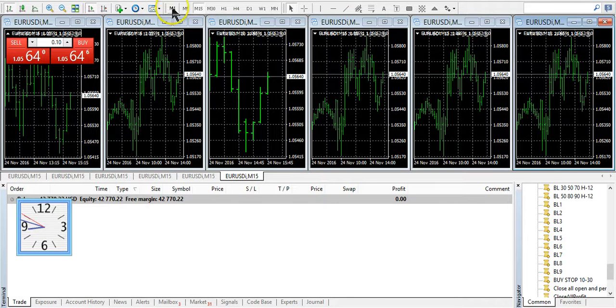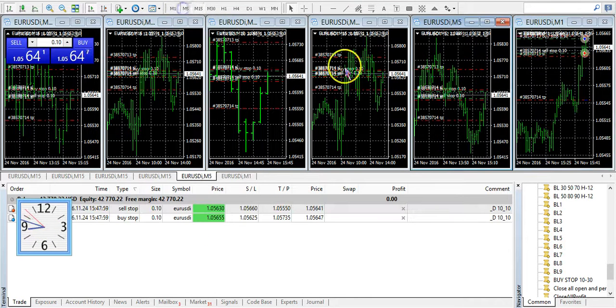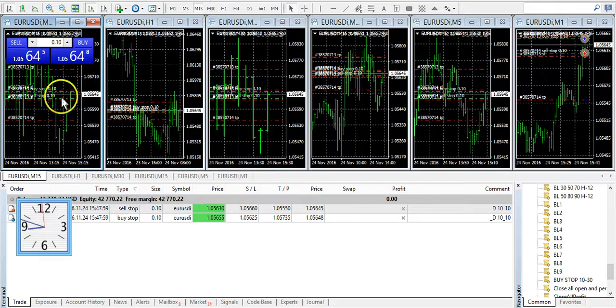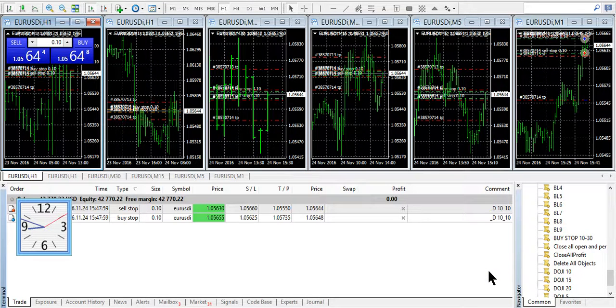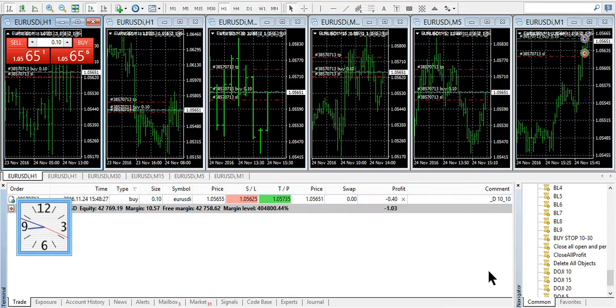So let's clear these off, see who fills. I'll go back to 1 minute here, 5 minute, 15, 30, 1 hour, 4 hour. Having a hotkey to close all open and pendings, having a key that takes off a particular style of order, delete all buy stops, delete all sell stops, all that kind of crazy stuff.